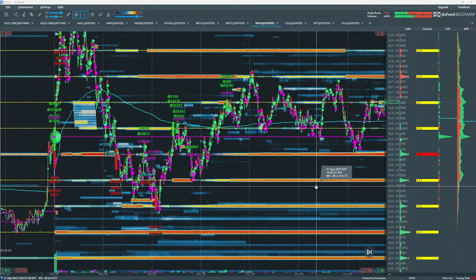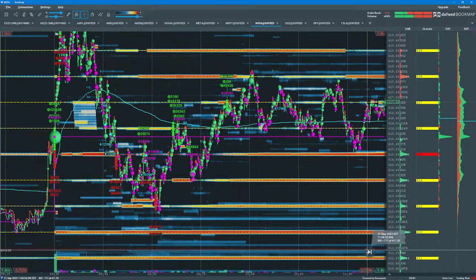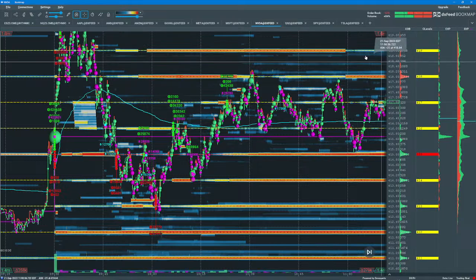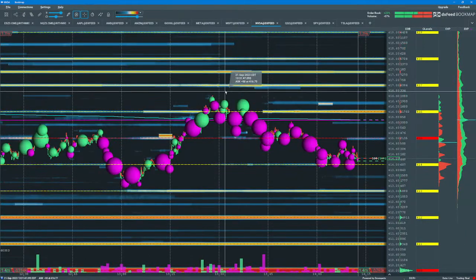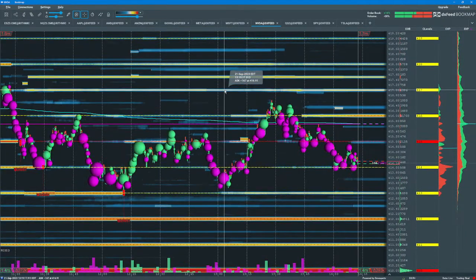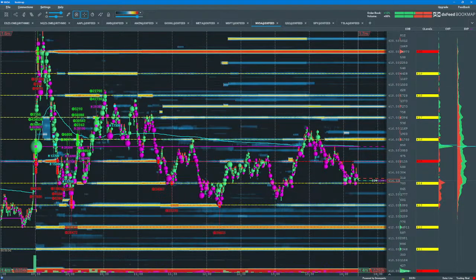All right, so we were looking at NVIDIA. Sorry about that. Let me get reoriented to NVIDIA here. All right, so at 420, the put wall acted as resistance.